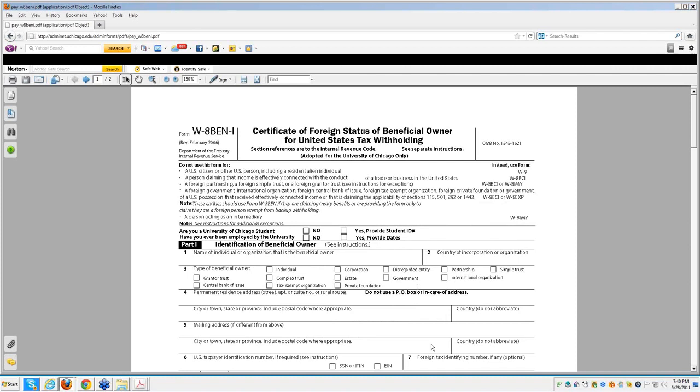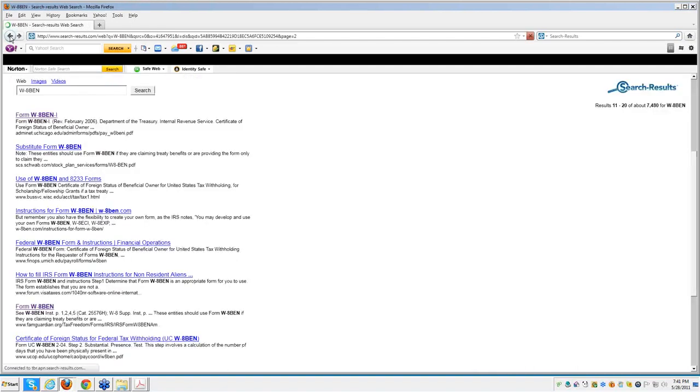You don't have that in there, do you? No. So everybody's been filling out the wrong W8BEN form. They've been filling out the BEN1 form, and we want to fill out the W8BEN with no one. The other one didn't have a 1 on it.